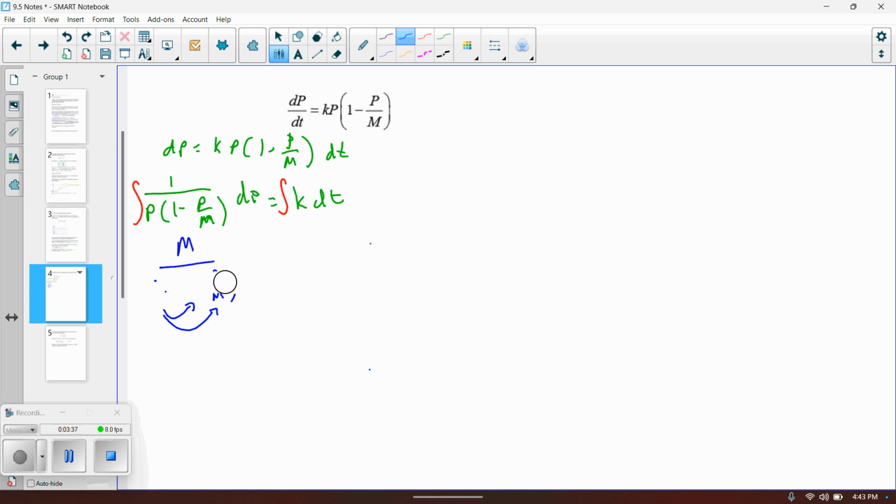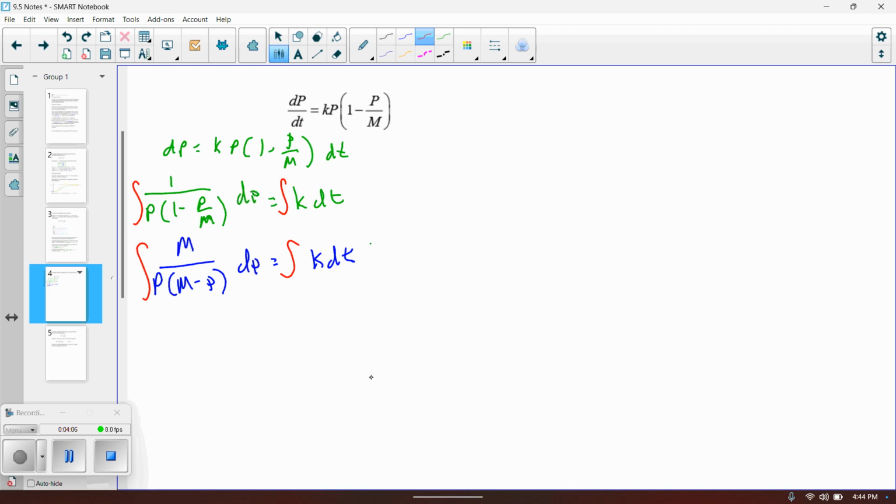So really, what I'm going to have here is p still on the outside. Multiplying the m through, we get m minus p. Then I've got dp, and I've got k dt, and we are still integrating that. That makes it a little bit easier. From here, what I have is two linear functions of p in the denominator.